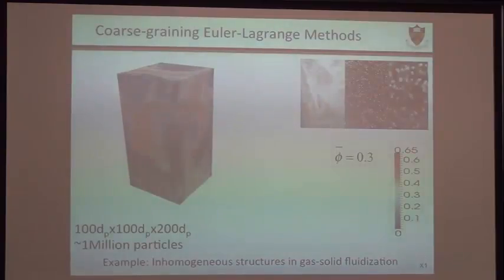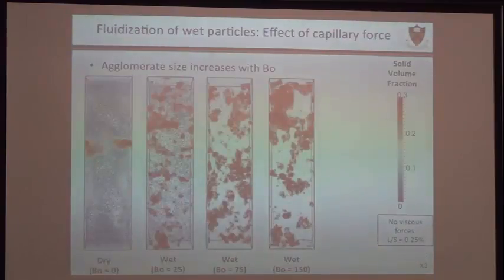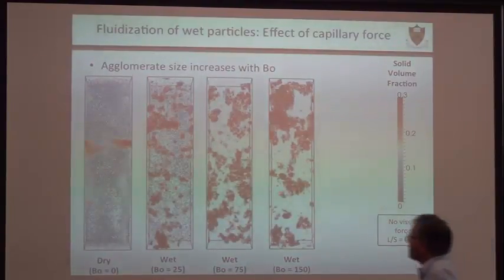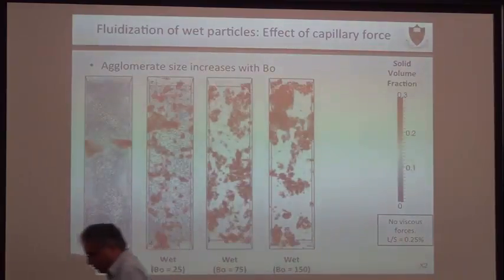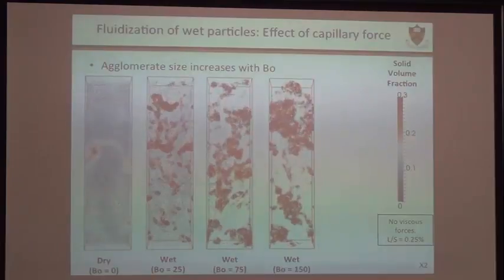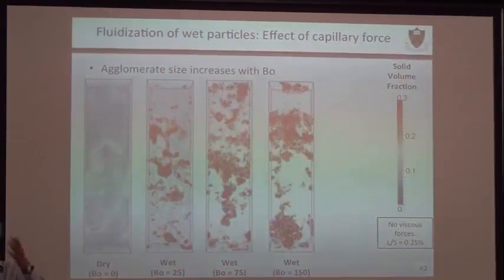Here the dry particle case is compared with the wet particle case. I think the movie will play. Yes, it plays. So when you do wet particles, the behavior is different.